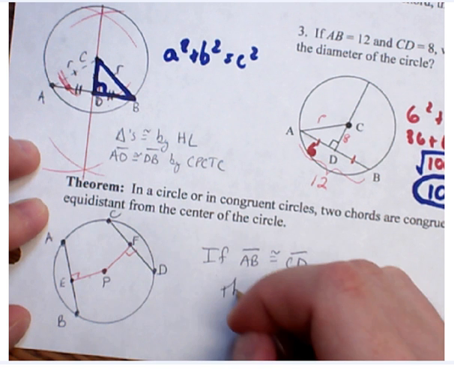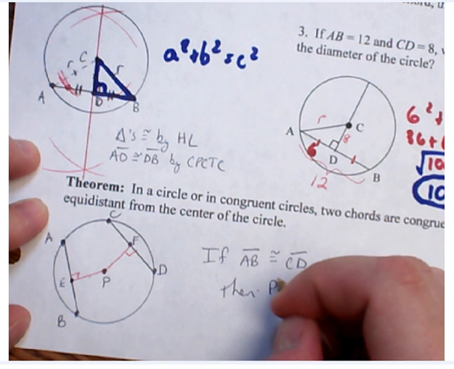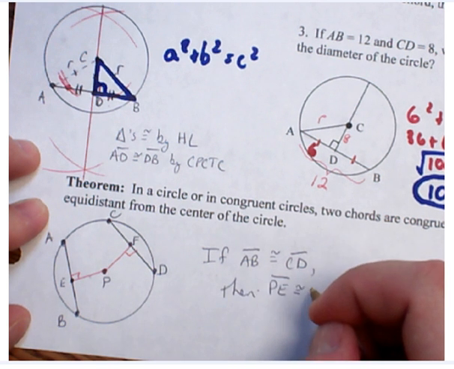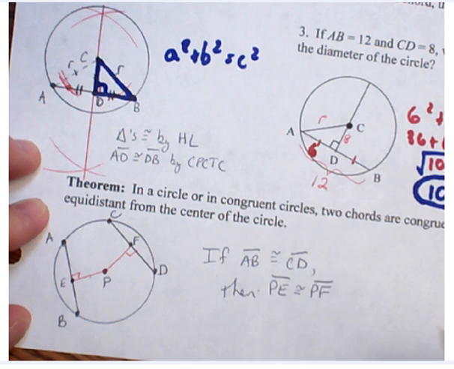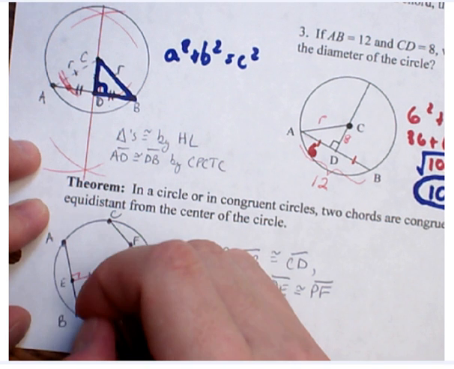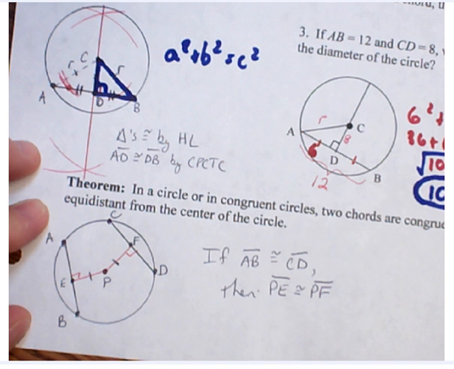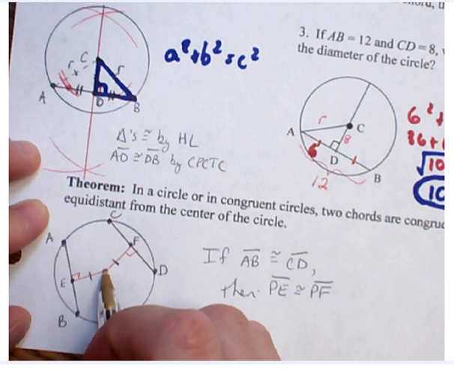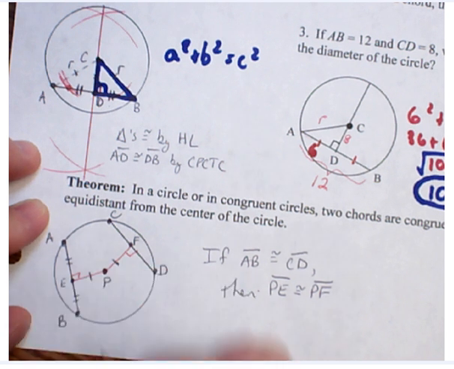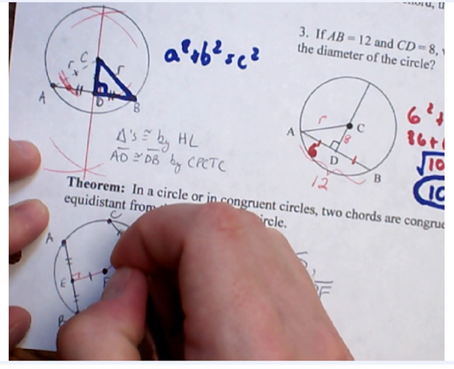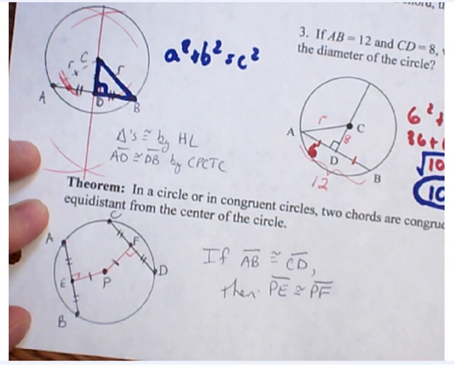So then we can say that PE is congruent to PF. Now the other thing that you know is that if the chords are congruent, anything from the center that's perpendicular is going to bisect. So you know those are the same. You know that these are the same. All those pieces are going to be congruent to each other.